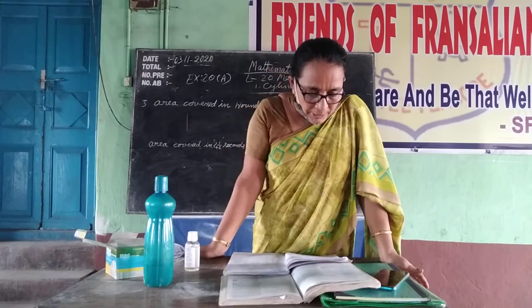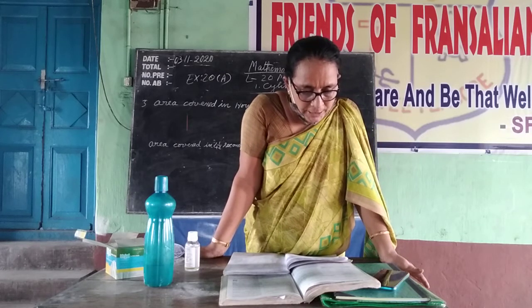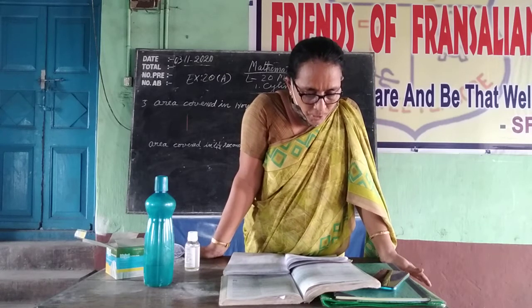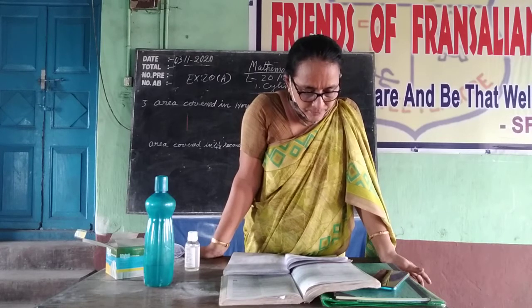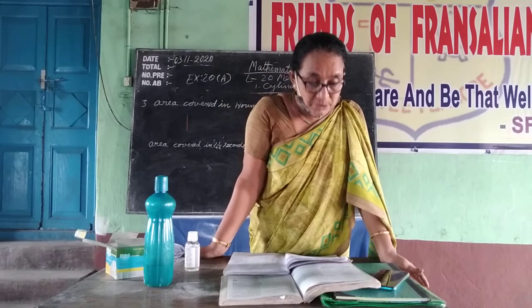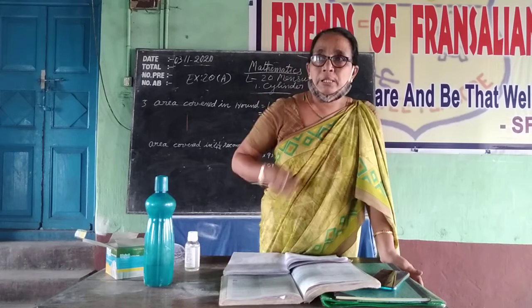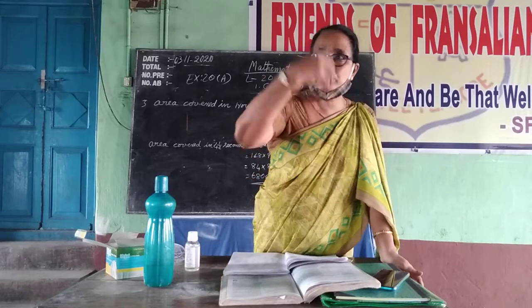How many cubic meters of earth must be dug out to make a well 28 meter deep and 2.8 meter in diameter? How many cubic meters of earth must be dug out? Volume. To make the well we have to remove the earth now.